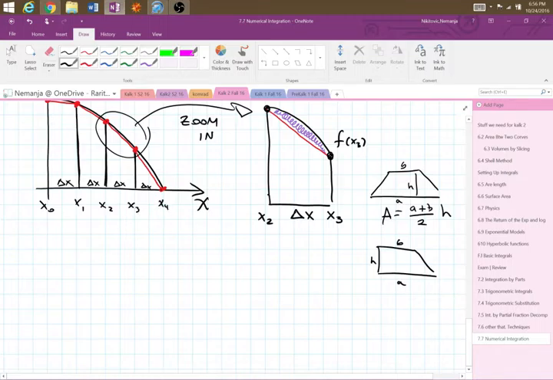So now what you have here is the area. We usually use T for trapezoid. Tn, n telling us how many trapezoids we are using. So this will be T4 actually.